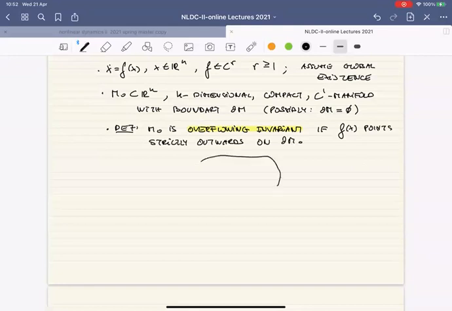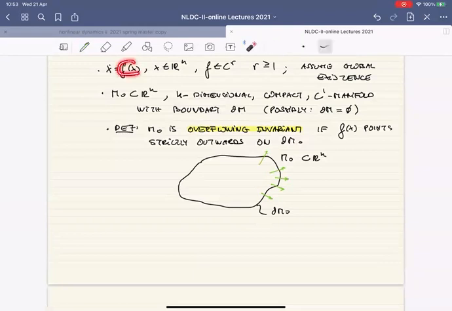So this is sort of a compact manifold with boundary. It's my picture in Rn. And the kind of behavior I want is consistently, I want the vector field to be pointing outside on the boundary. Now, what's the implication of that? The implication is that the right-hand side of the differential equation tells me instantaneously where the trajectory is going.